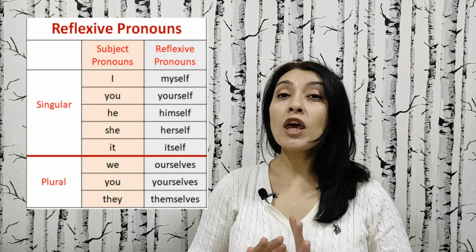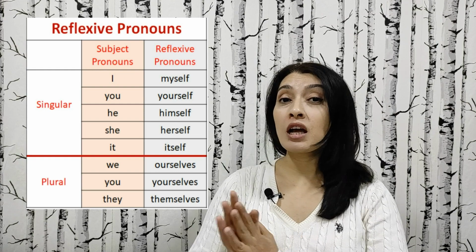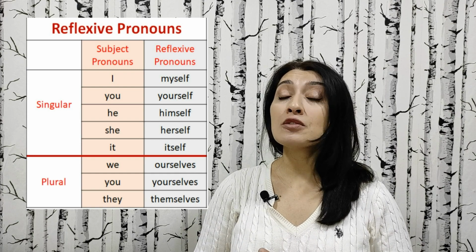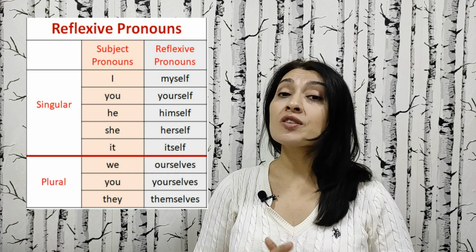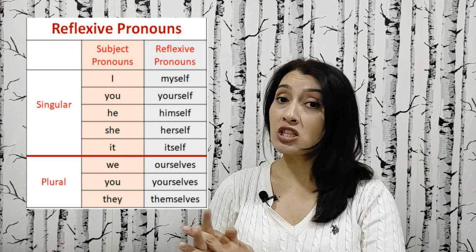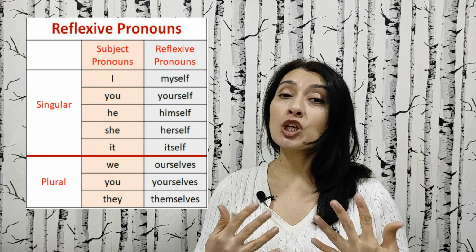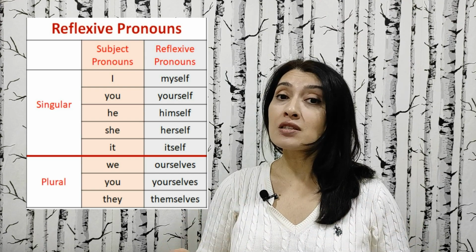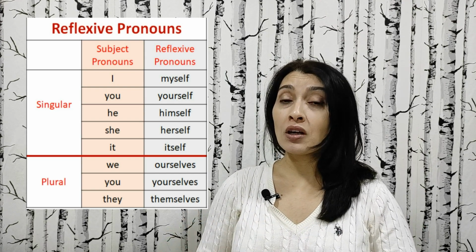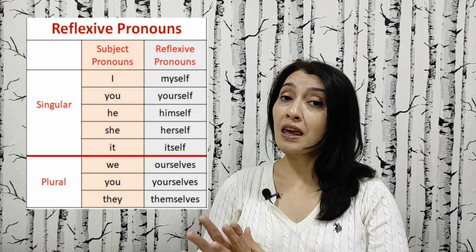As you see, we use myself for I, yourself for you, himself for he, herself for she, itself for it. And we use ourselves for we, yourselves for you, themselves for they.